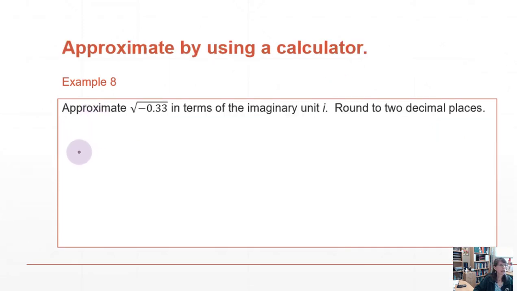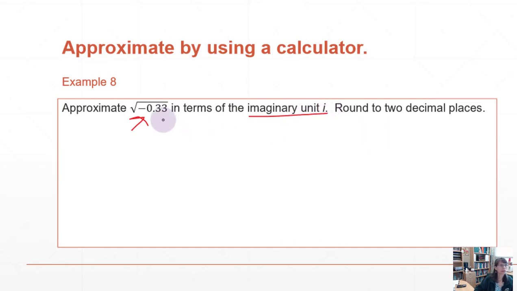And in our last example, we're going to approximate by using a calculator. So if we're going to approximate the square root of some negative decimal, first of all, notice that you've got a negative under this even root. So we are going to consider our imaginary unit i.